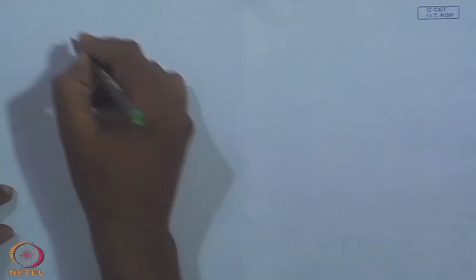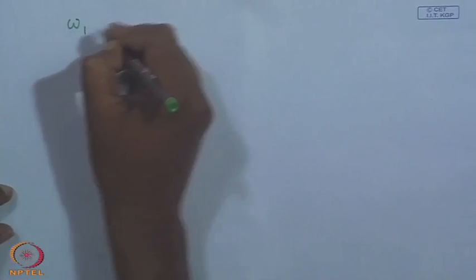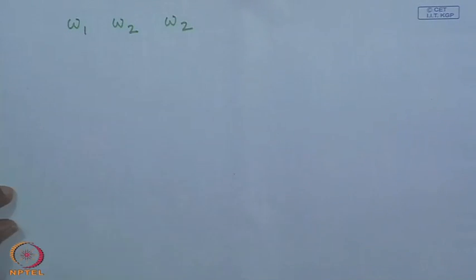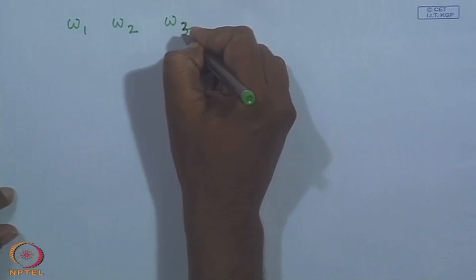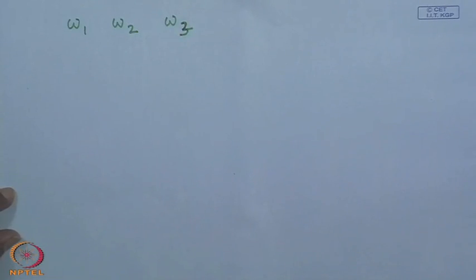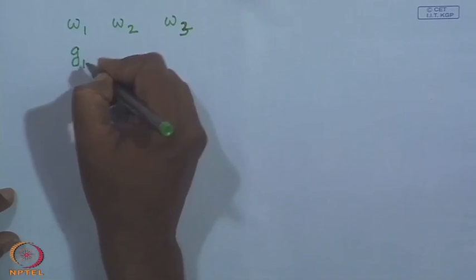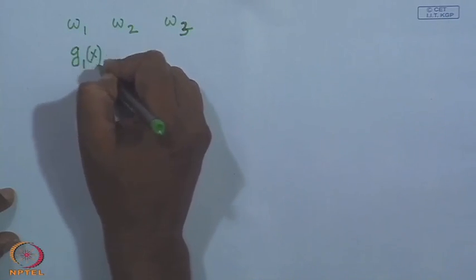We will take the first problem, where I assume that I have 3 classes, say omega 1, omega 2 and omega 3. For every class, I have a discriminant function. For omega 1, I have a discriminant function given by g1(x).